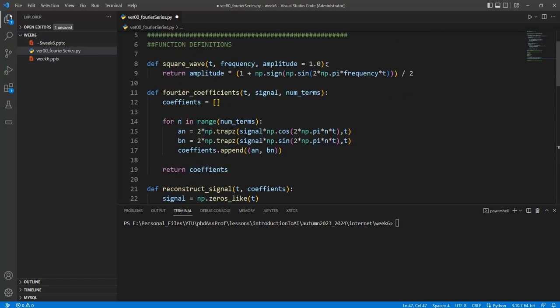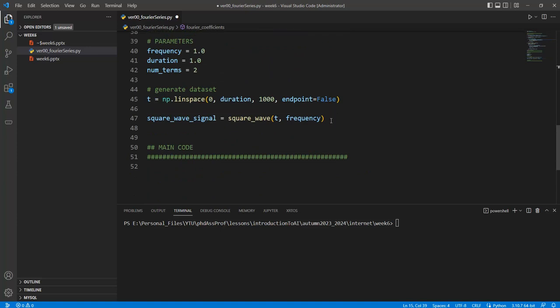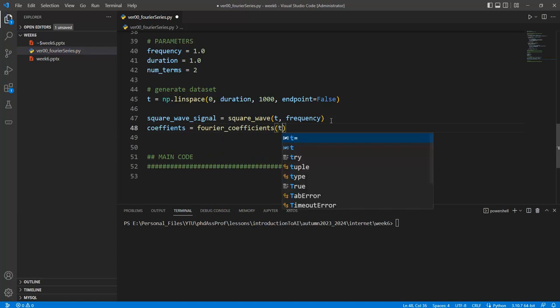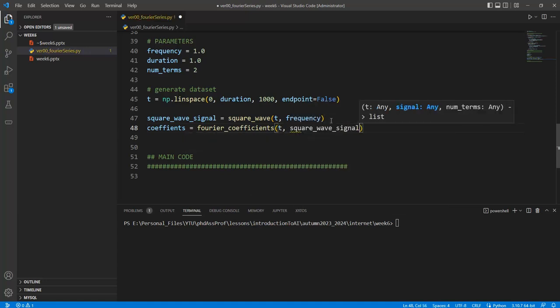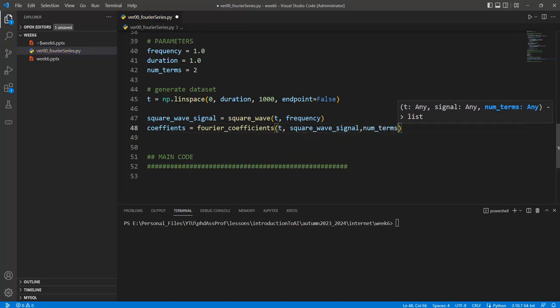So we generate this instead as default values. Okay, but you can do that, and after that we must get the coefficient values from this term like this one, Fourier coefficients with T and the square wave signal in here, and num terms is the iteration number, and so this creates the coefficients.